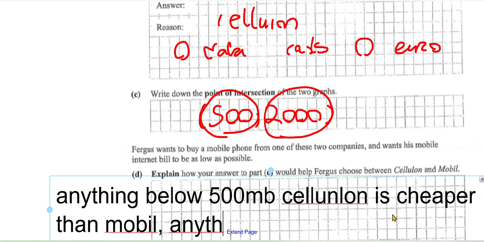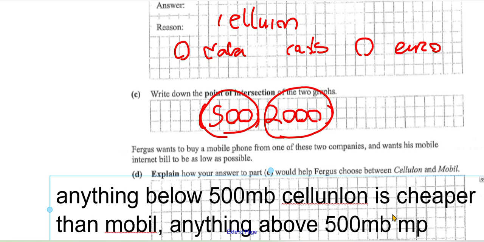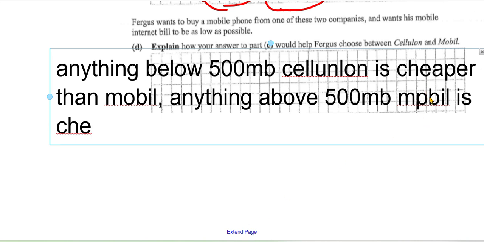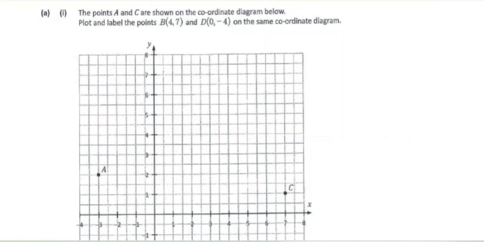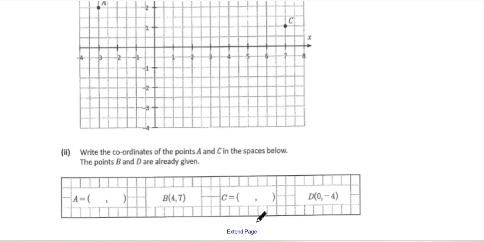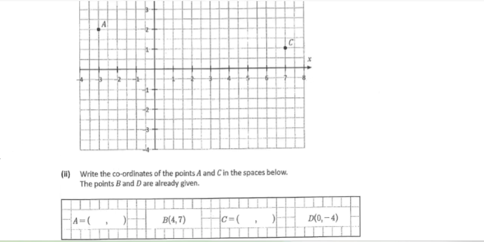Anything above? Is that okay, guys? Okay, you ready? Now, you're listening, yeah? Yeah. Okay, guys.